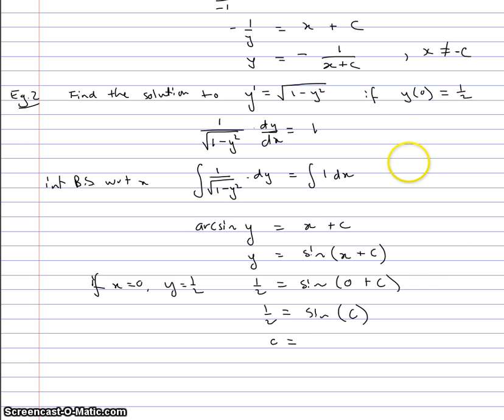There's no information given in terms of domain or anything. So sine of what equals 1/2? Well, we know that our first quadrant solution is pi on 6. So that means our solution to that differential equation is y equals sine of x plus pi on 6. So that is our specific solution given that extra bit of information.